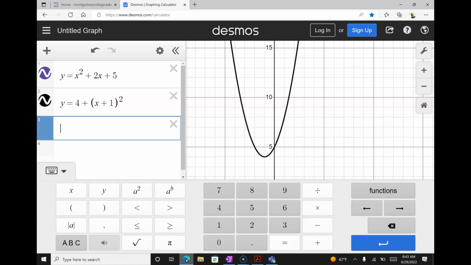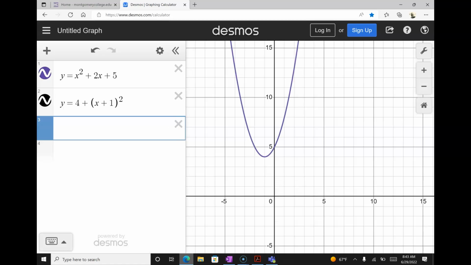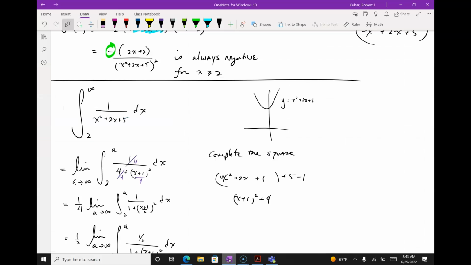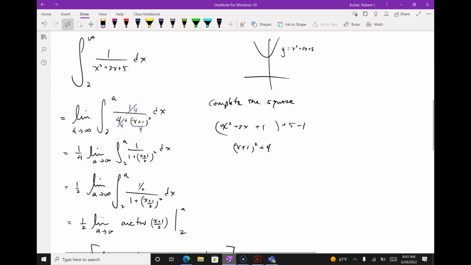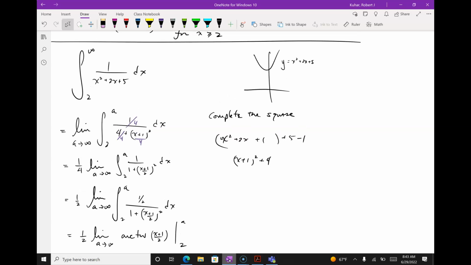A quick way to tell if I did it right is to graph your completed square and see if it's the same curve, right? Or FOIL it back out and make sure.